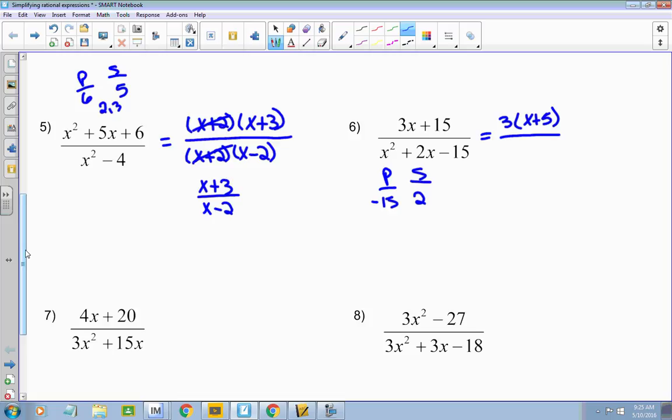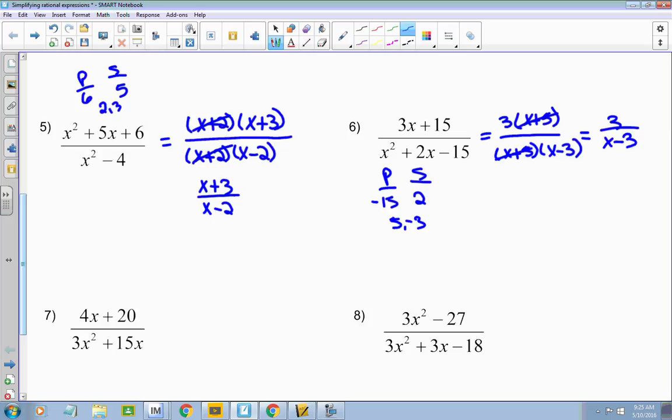What multiplies together to give me negative 15 and adds together to give me 2? 5 and negative 3. So this factors into x plus 5 and x minus 3. Anything cancel? The x plus 5's cancel. Okay. So I'm left with 3 over x minus 3.